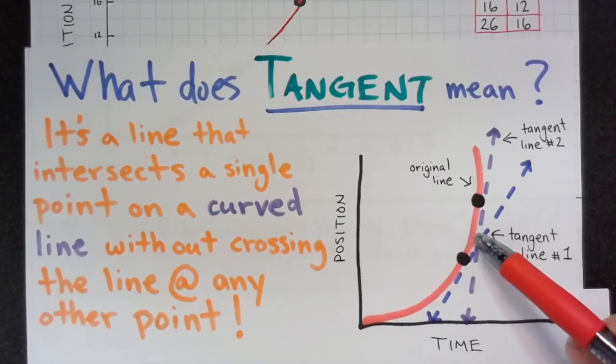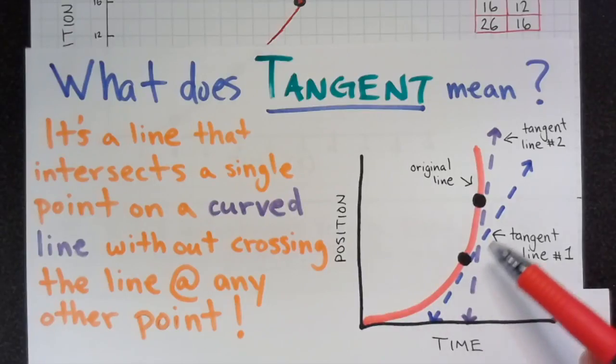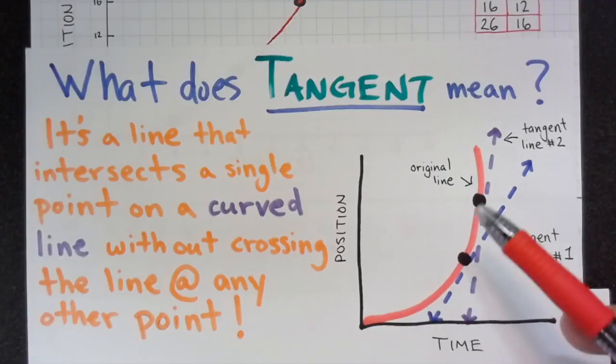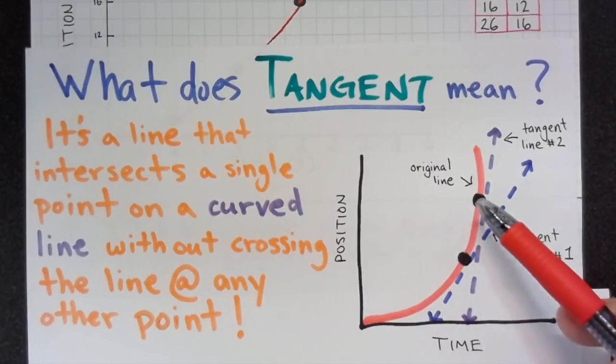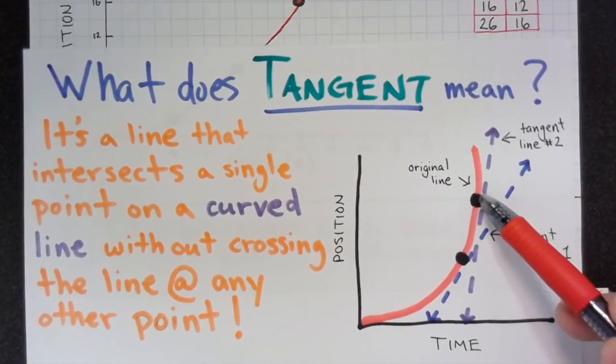So, at point number 1, the instantaneous velocity equals the slope of the blue line that's tangent to the curved line. See how it doesn't cross at any other point? So if I wanted to find the speed at another point in time, say at this point, I would make a line that's tangent to that point.